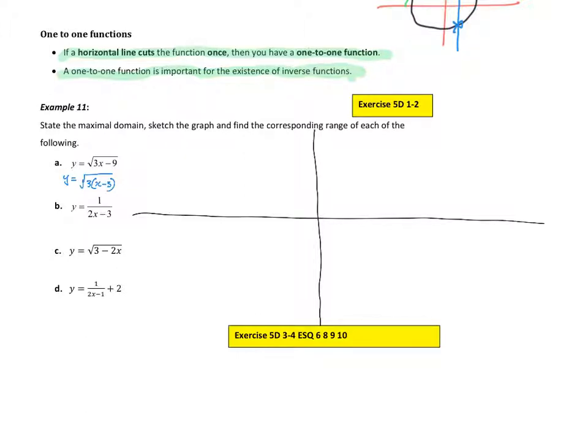That means that my standard graph, which I might just do in black, there's my root x graph. It's been shifted 3 units across to the right. And so it looks like that.